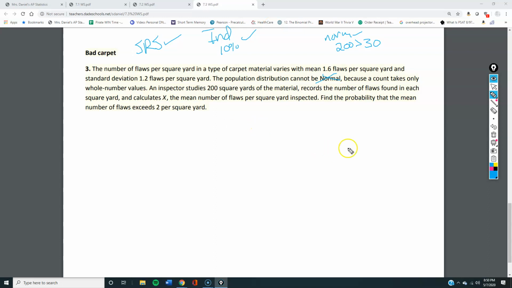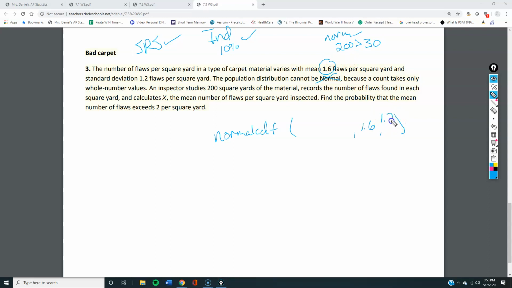All right, we can get right to it then. So I'm going to do normal CDF, of course. I'm going to go right to the mean and standard deviation. My mean's going to be 1.6.